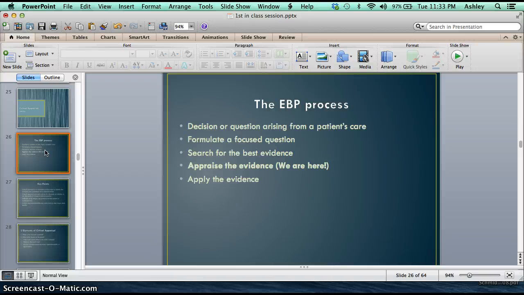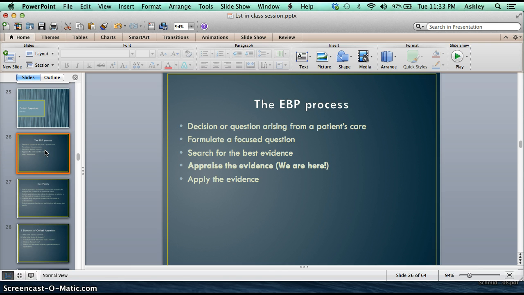So moving forward, on this journey of EBP, we have done quite a few things already. We have learned to look at patient care and make a decision on what you would like to study, or what's a question that you don't have an answer to but would like more information on.